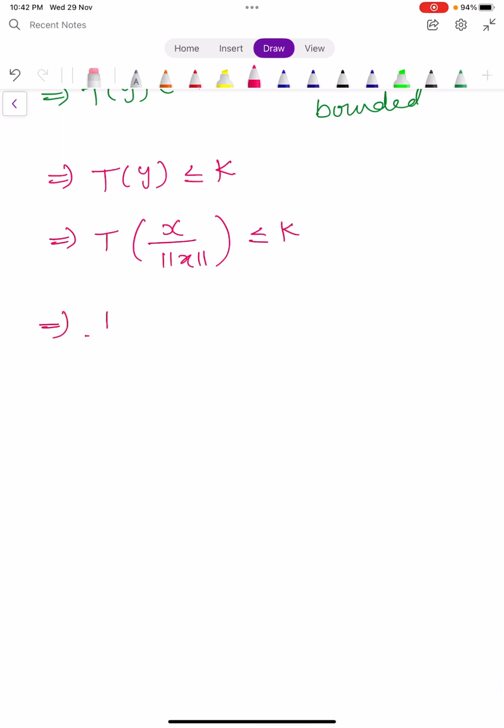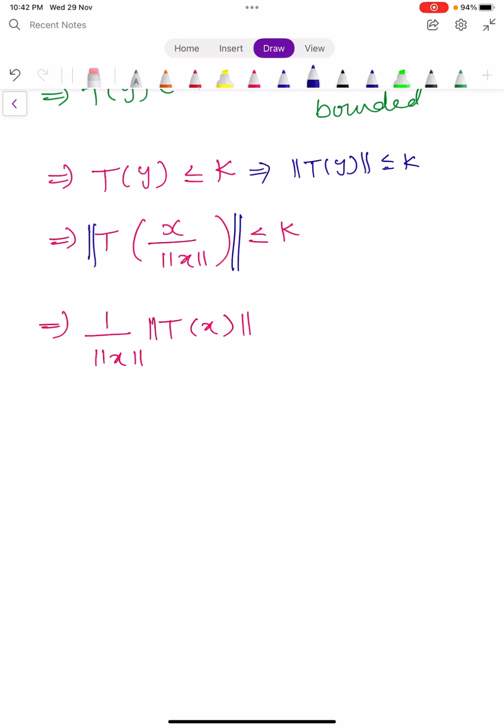This can be written as 1 by norm X into T of X. Since T of Y is less than or equal to K implies norm T of Y is less than or equal to K, here also you can use the norm.